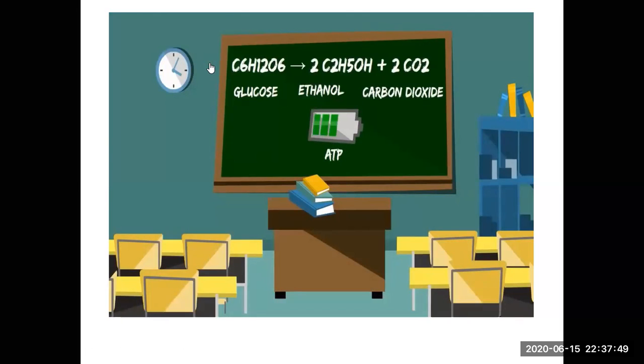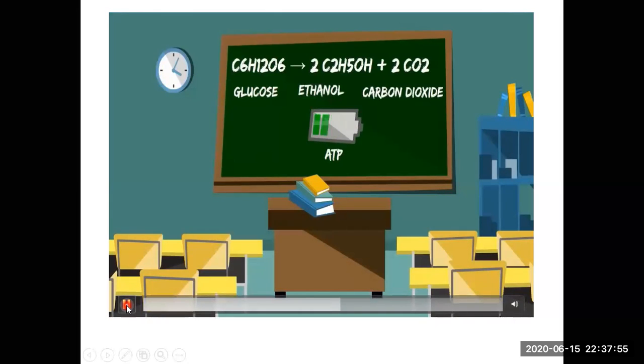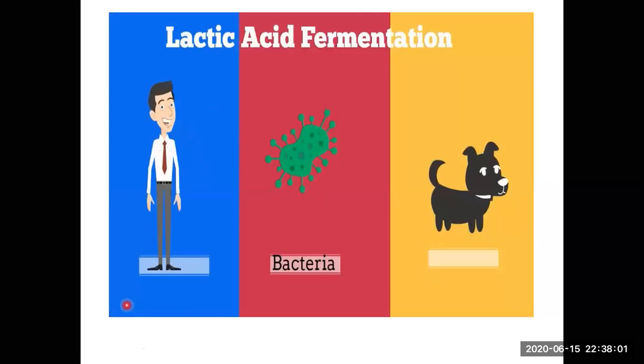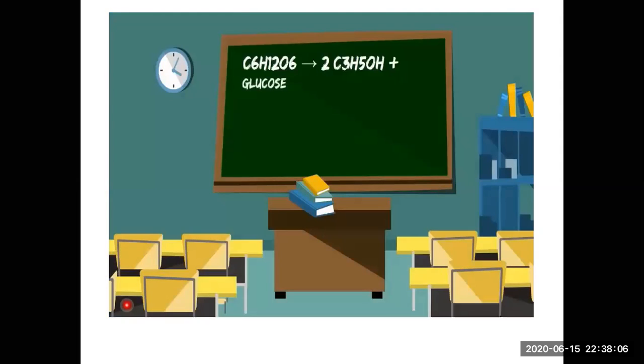This is how many wines and beer are created. The other type occurs in animals, including humans. What happens with this is you take glucose, again technically pyruvic acid, and it's converted into lactic acid plus energy.